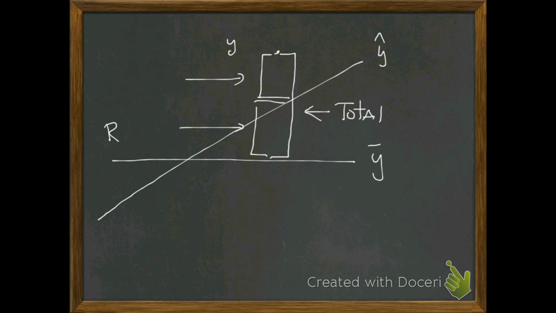This part would be our regression, and this part would be our error. So remember the difference between our observed value and the predicted value, and then the difference between the predicted value and the mean. Okay, guys, sorry about that, but I was about to lose my mind.